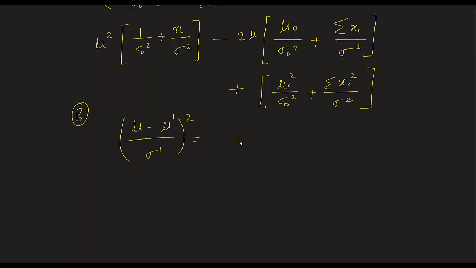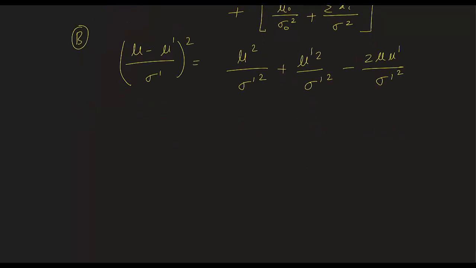So this becomes mu square divided by sigma dash square, plus mu dash square divided by sigma dash square, minus 2 mu mu dash divided by sigma dash square. Now we can equate the coefficients, that is the coefficient of mu square, the coefficient of the constant term, and the coefficient of mu.